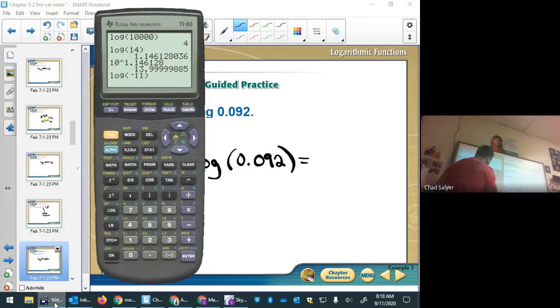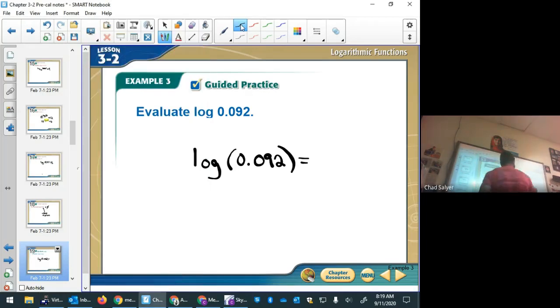So the log of 0.092 is approximately negative 1.04. When you approximate, you should always use the approximately equal to symbol. You're sophisticated little mathematicians now, so you should use that practice.